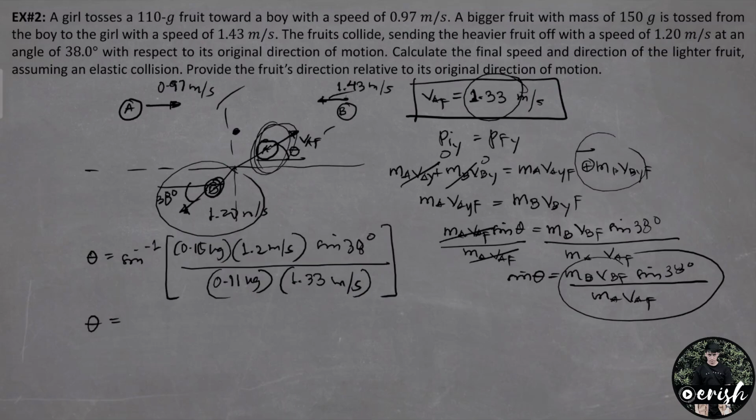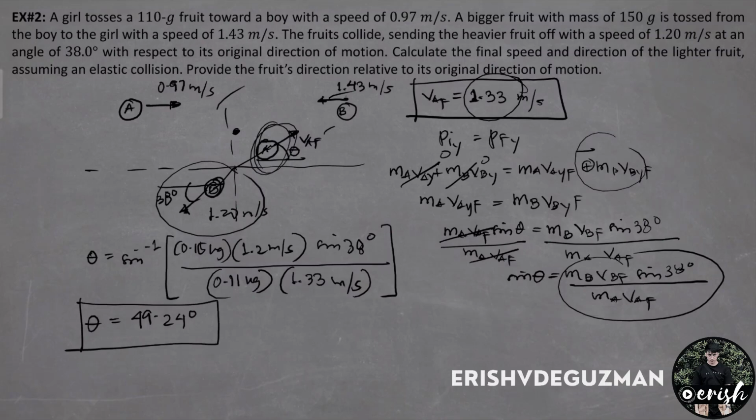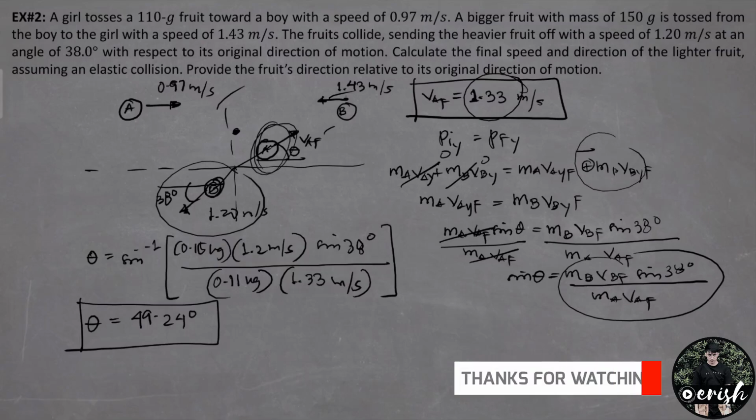By calculating, ang angle theta natin is equal to 49.24 degrees. Kung gagamitin natin yung x component of the momentum, ipoprovide din niya yung same value for the theta. So, this is example number 2.